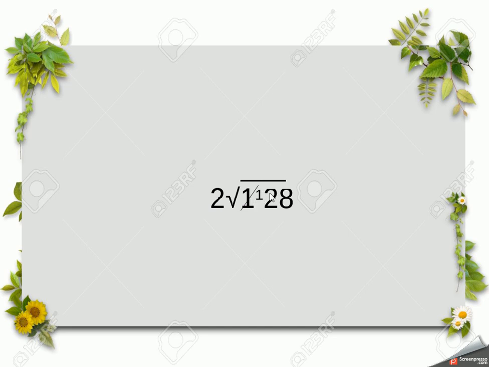By carrying the 1 over, because this number is 10 times bigger than this one, the 2 becomes a 12. When I see how many times 2 will go into 12, we've now got 6.